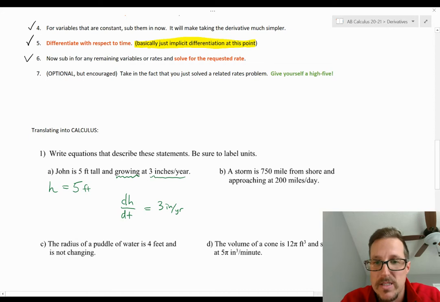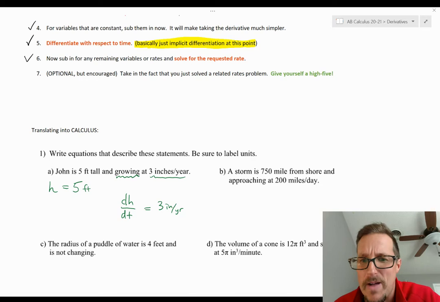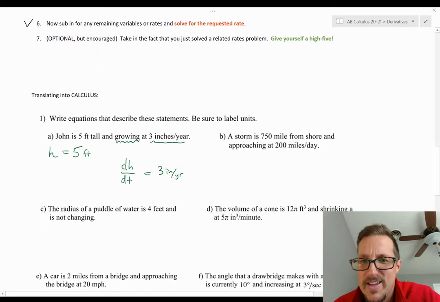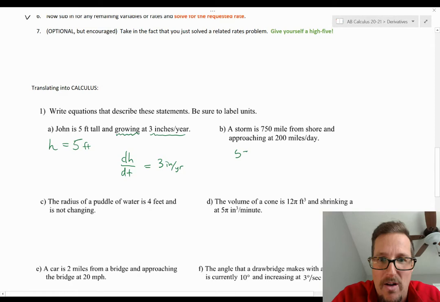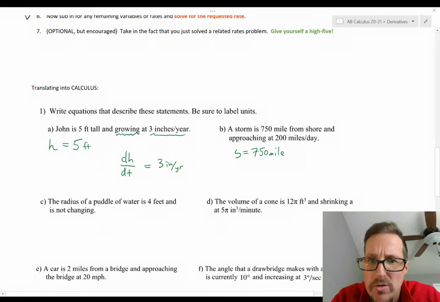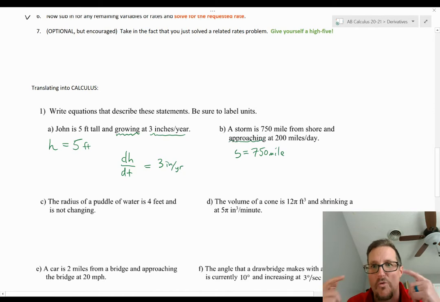Now the second one: a storm is 750 miles from shore and approaching at 200 miles a day. So maybe the distance of the storm, right now, S is 750 miles. Now, approaching, that sounds like a rate, doesn't it?